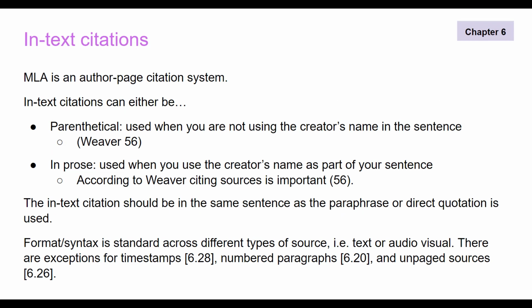We're going to start with in-text citations because those are a little bit simpler to wrap your head around sometimes. There's not as much formatting as you'll see in that full entry in a works cited list. MLA is an author-page citation system, which means you're going to use the author's name as well as the page number in those citations in order to point back to that full works cited list. In-text citations can either be parenthetical, when you're not using the author's name as part of the sentence: you include in parentheses the author's name and then the page number, no other punctuation or notation, just name and page number.